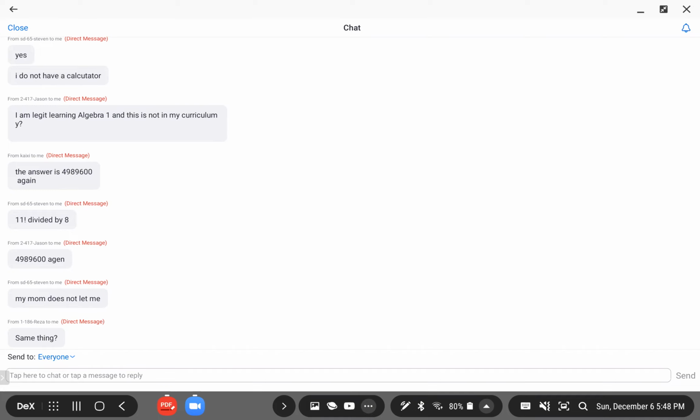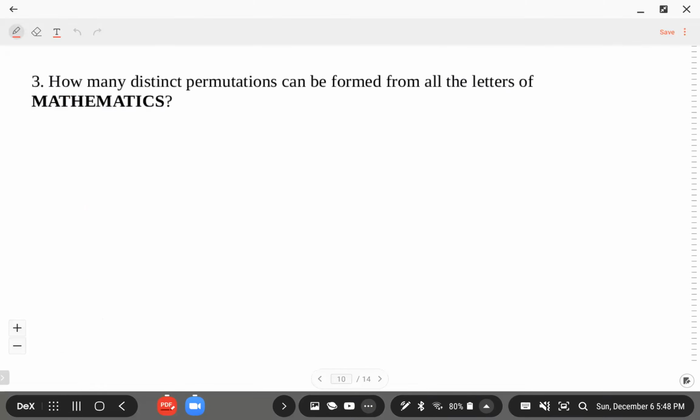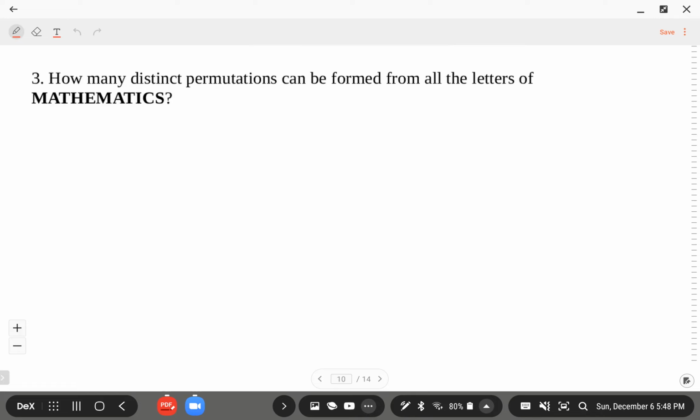Oh my god. It is the same answer again. Let me count. 1, 2, 3, 4, 5, 6, 7, 8, 9, 10, 11. Oh shoot. It is actually 11 letters again. But let's actually solve this nonetheless.